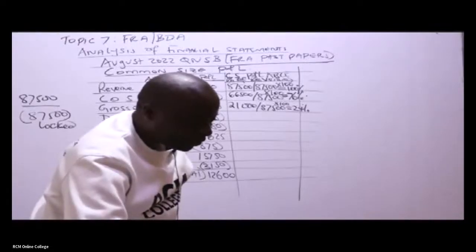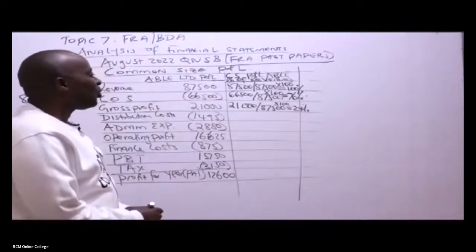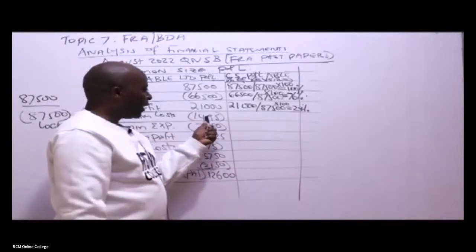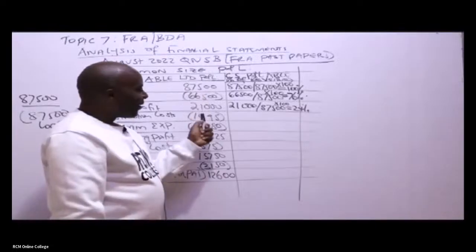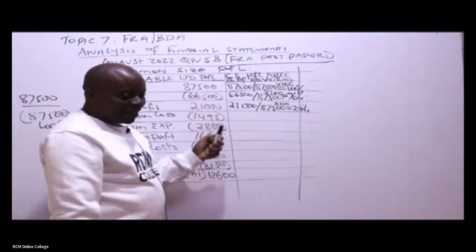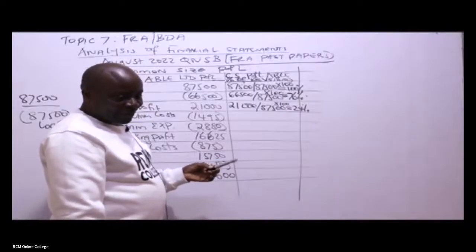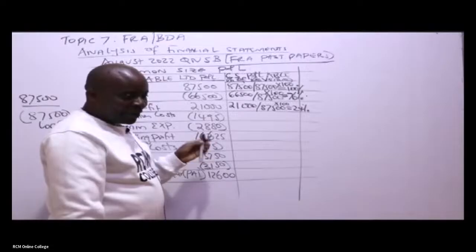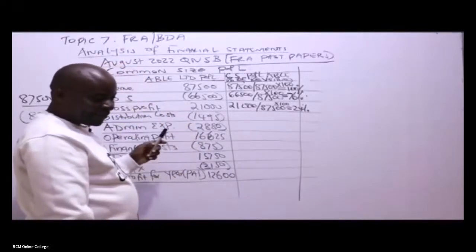Great. So now, ladies and gentlemen, for the sake of my FRA students, are you able to give me these percentages downwards very fast? This will be 1,495 divided by 87,500. Remember, you're dividing everything by 87,500.